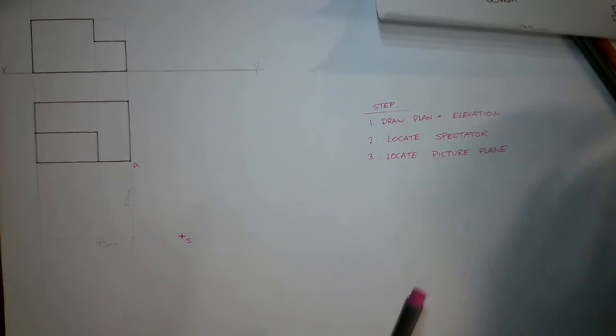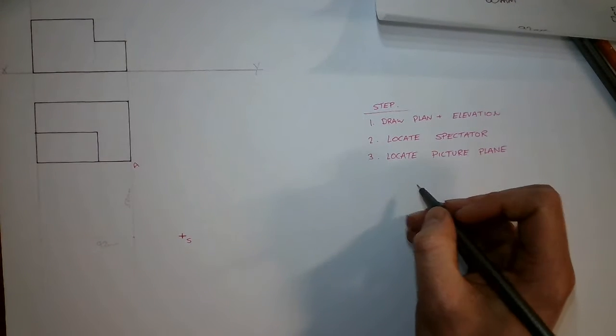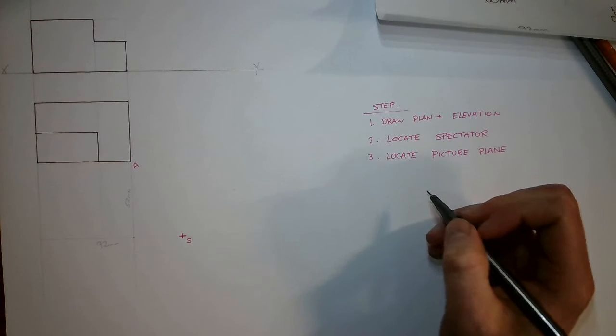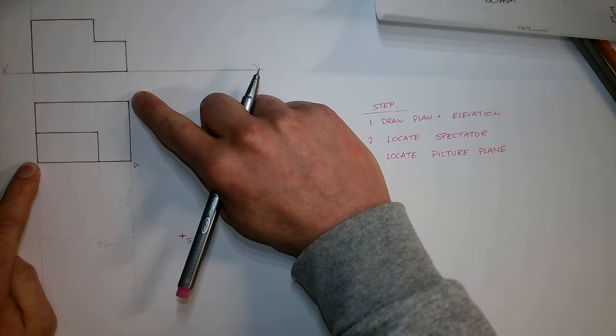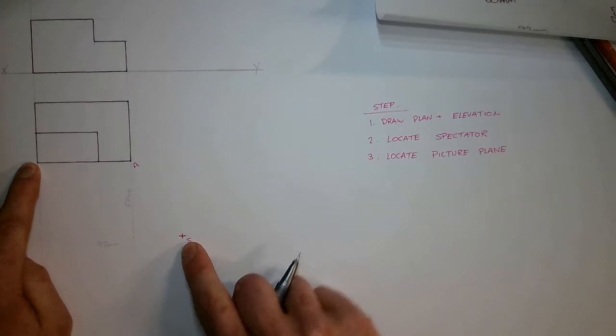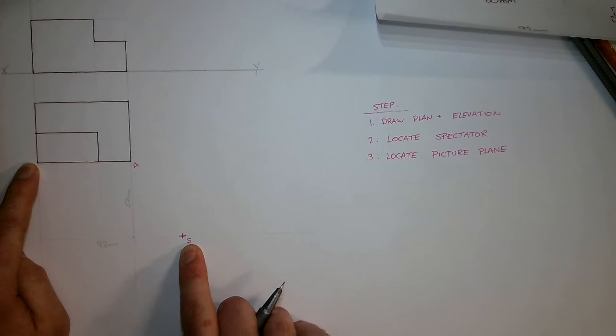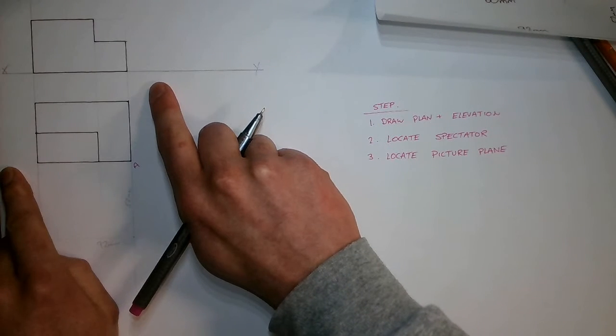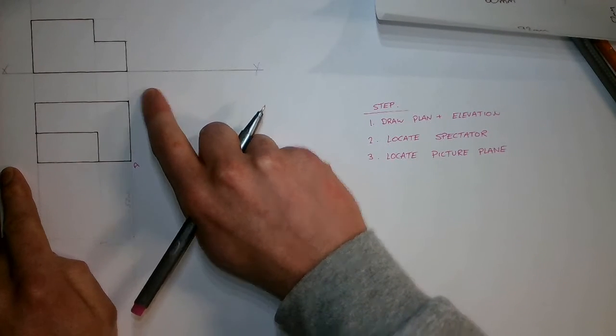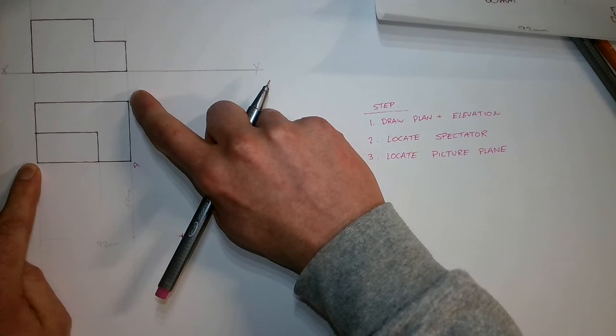To locate the picture plane, you want to basically join the two furthest points to your right and left. So if this is you standing here at the spectator point and you're looking at this object, the two furthest points at the end of your cone of vision, if you like, that you will see on both sides is these 2 points here.